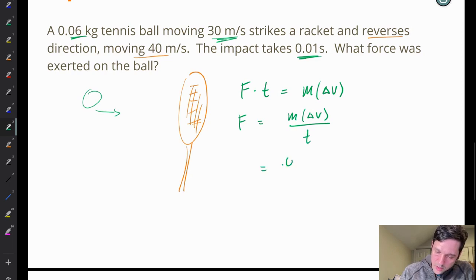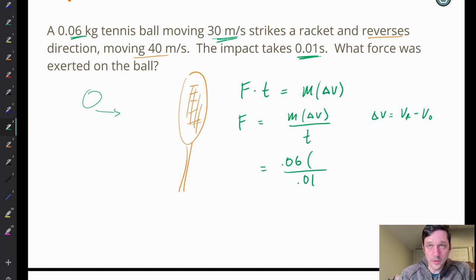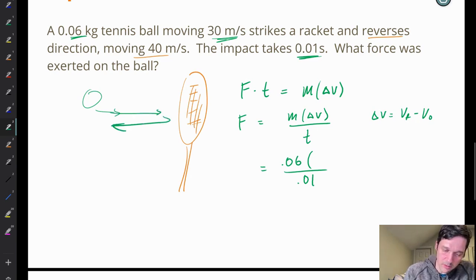The mass is 0.06. The time is 0.01. And the change in velocity is always final velocity minus original. Now, here's the important part. Velocity is a vector. If this thing is coming in to the right and bounces out going to the left, when it's moving to the left, it has a negative velocity.